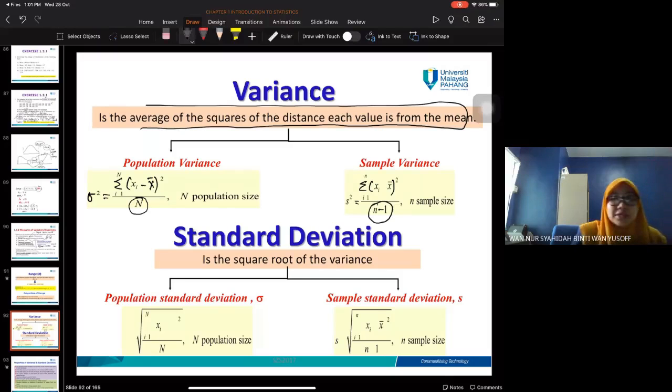That's how we interpret the variance. If you have two or more, then we compare the variance between data sets to see which one is the best data.